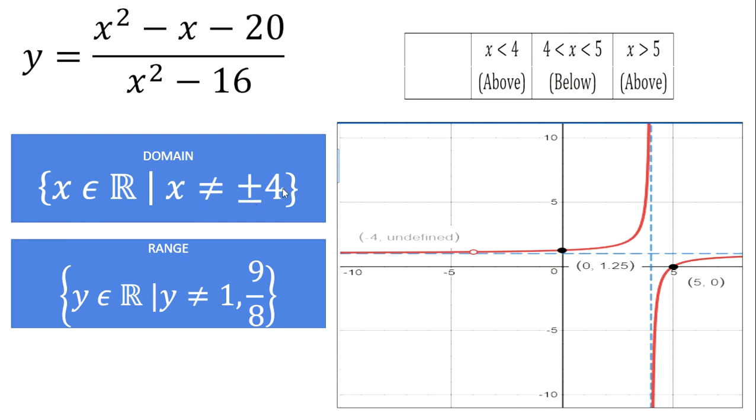Negative 4 for the hole, and 4 as our vertical asymptote. And then for the range, 1, which is the horizontal asymptote, and then 9/8, which is our hole. So all reals except 1 and 9/8.